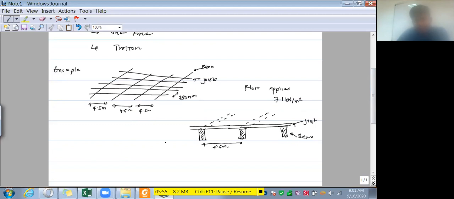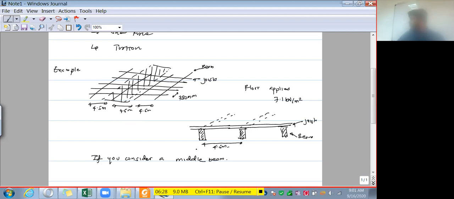If you take a middle beam, it will carry the load from this area. The load from this area will be transferred to the middle beam.